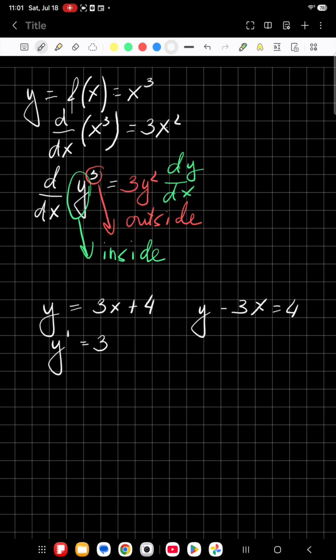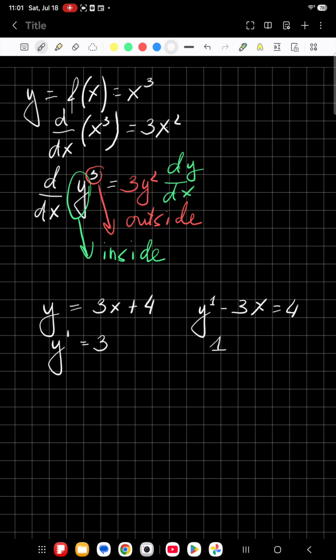The derivative of y, just like here, this exponent of 1 is the outside. So I'm taking this 1, putting it in the front, and then subtracting 1, so this is just 1.